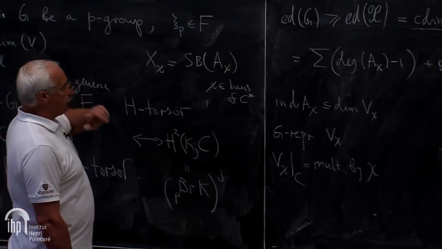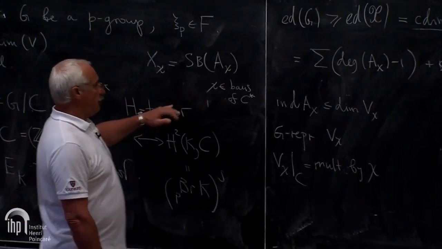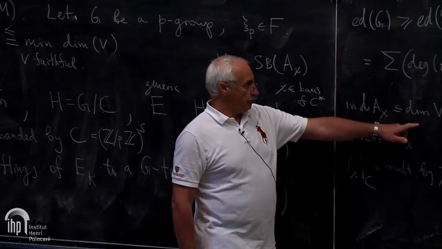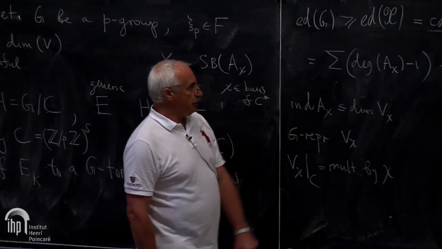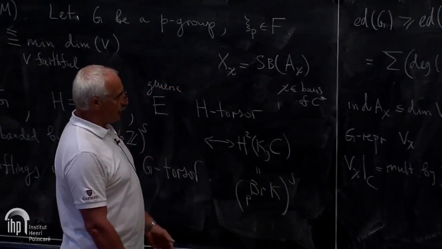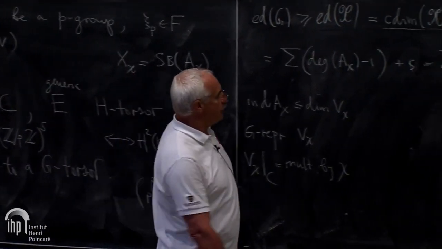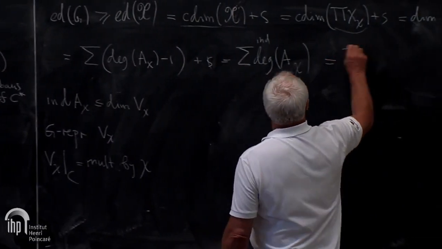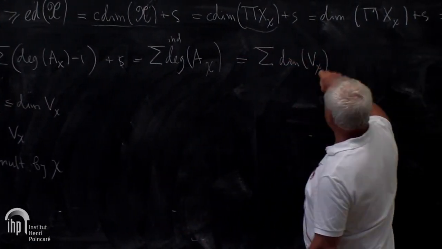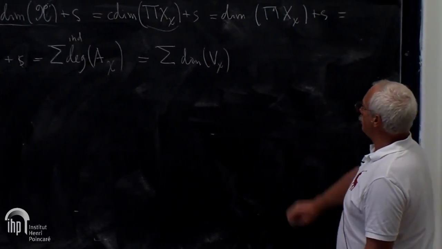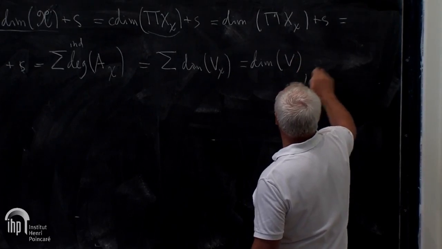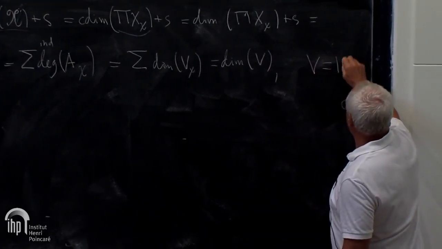But it turns out that for the generic choice of E, this is an equality for some very small representations V_chi. Using some computations with equivariant K-theory, you see that it's equal to the sum of dimensions of V_chi for a certain choice of those representations. So this is the dimension of V, where V is the sum of V_chi.